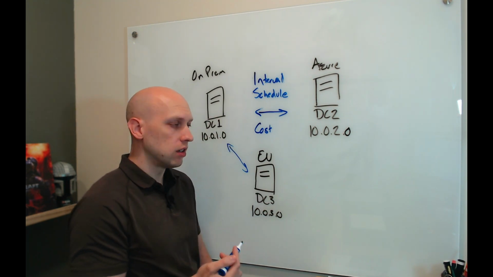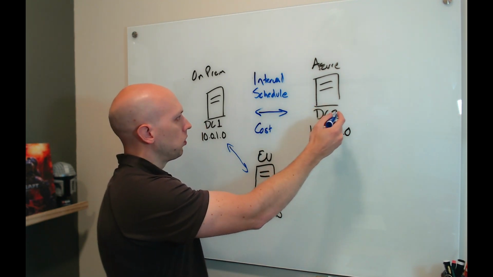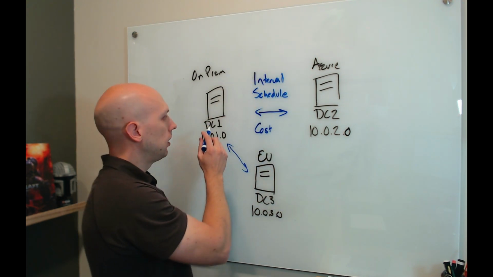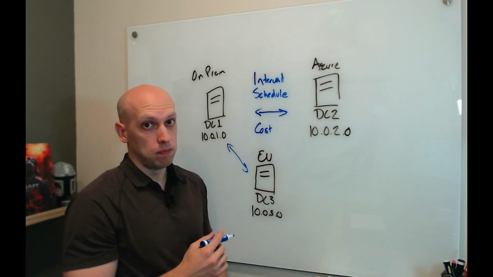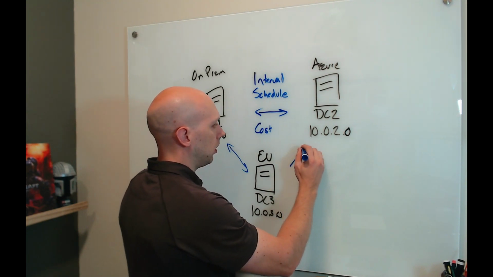What this means is, if a user was created or updated in Azure, that change would get replicated to on-prem, and then after our interval, our delay, that change would then get replicated to EU. So it'd have to go through 2 hops. That works, but I can also define a relationship this way.